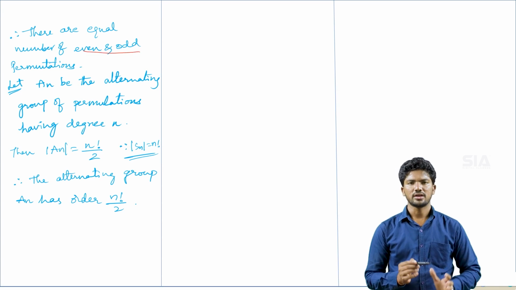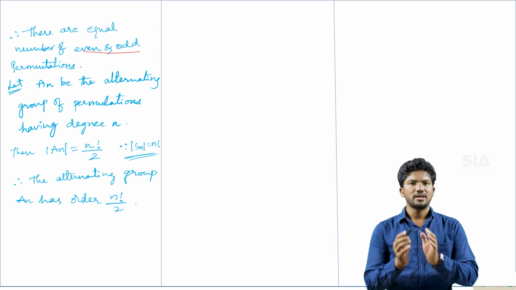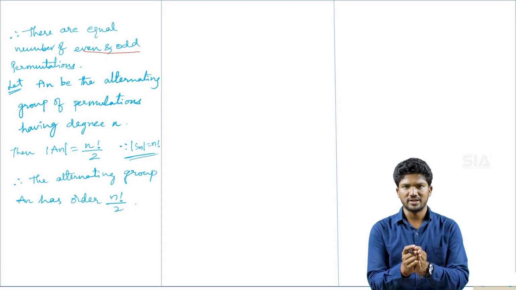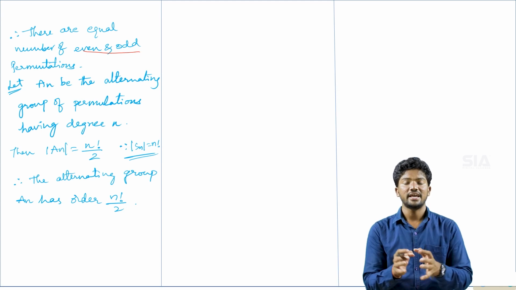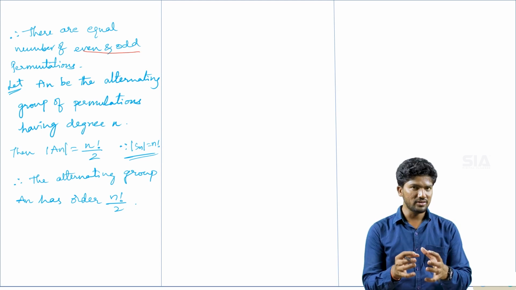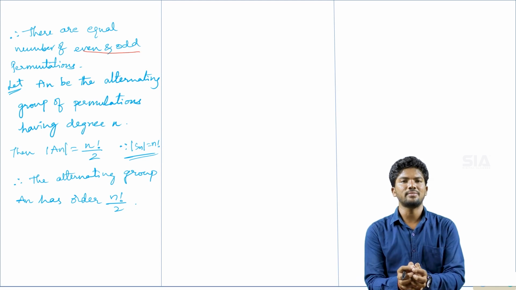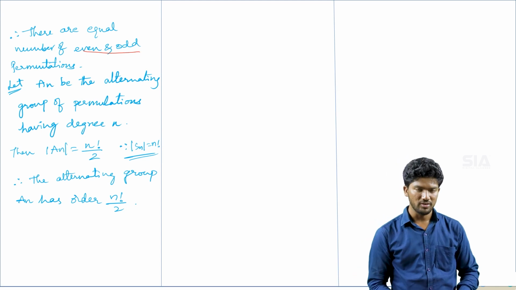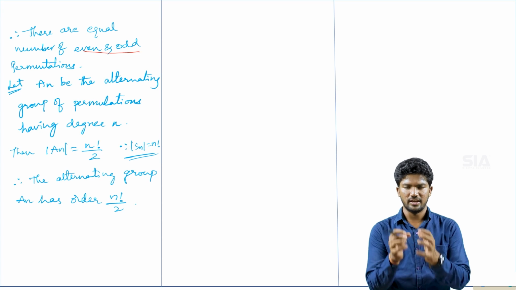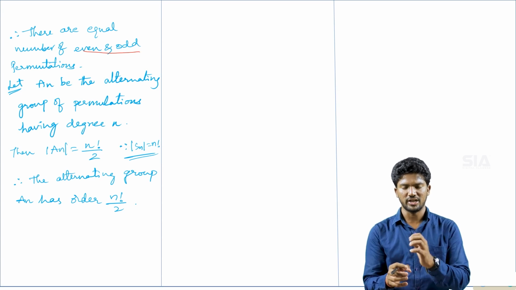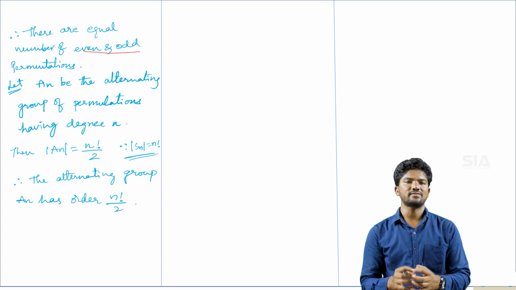Now our concept is that we got the total number of even permutations, and that number is n factorial by 2. According to the definition of the alternating group, it is the total number of even permutations. So now I am matching both of them: the total number of even permutations is equal to the order of the alternating group.